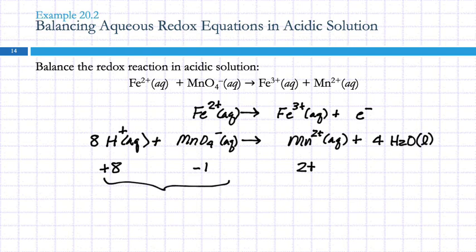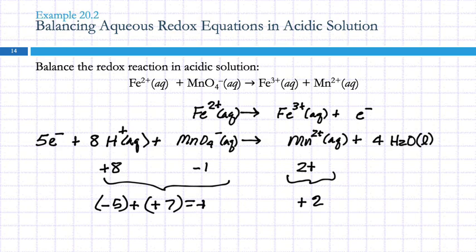So over on this side, I have +7, and over here, I have +2. This is the more positive side, so I'm going to add electrons over there, and how many do I need? 5. Because if I have -5 and +7, I'm going to get +2.